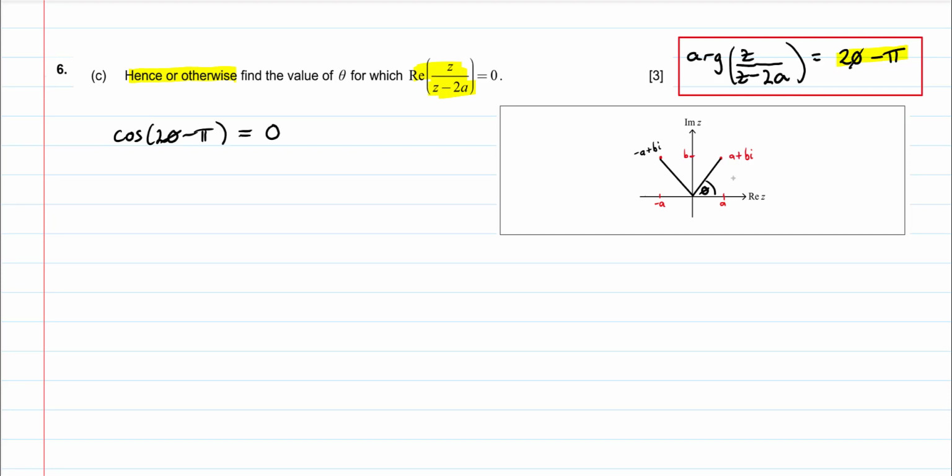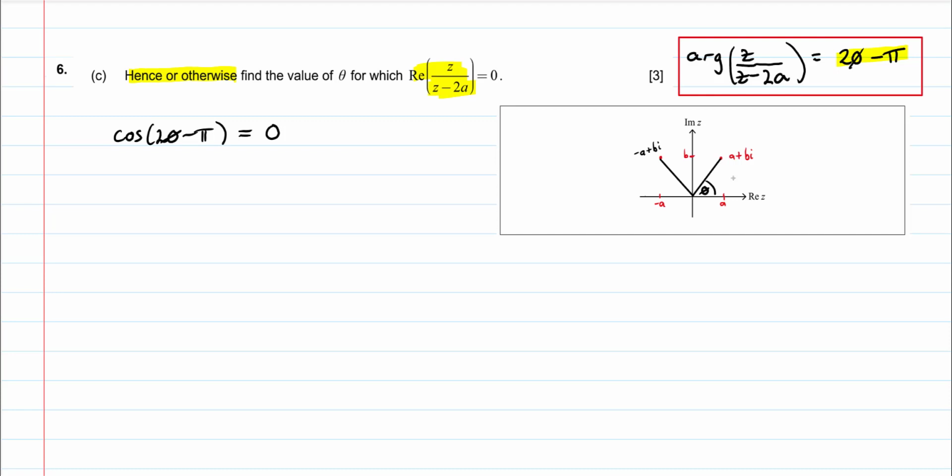We don't actually need to know the modulus, because as long as cos of 2 theta minus pi equals 0, our real part of the complex number is going to equal 0. So we want to find, cos of what equals 0?